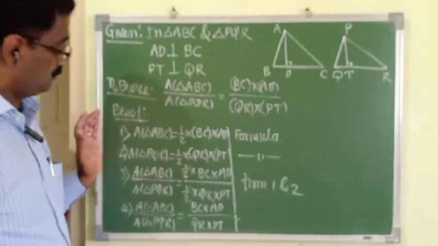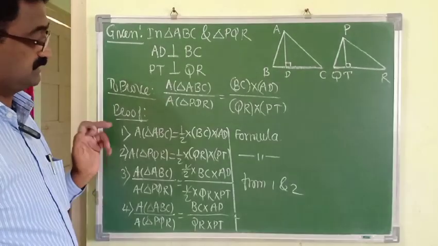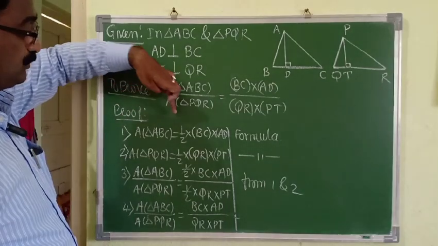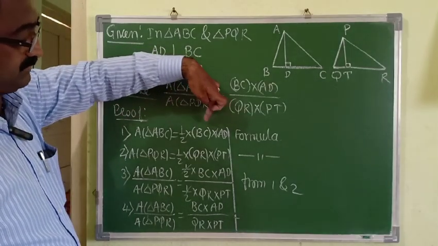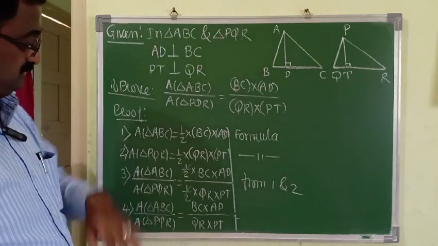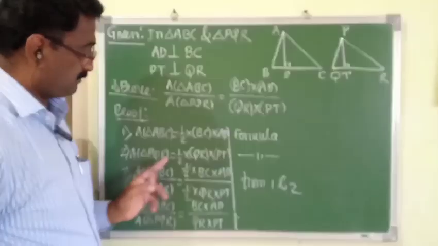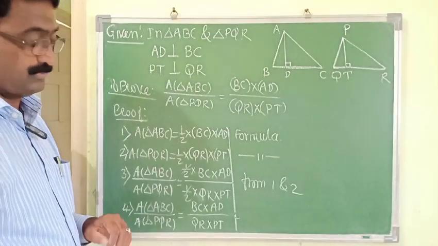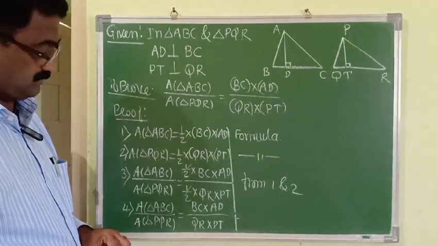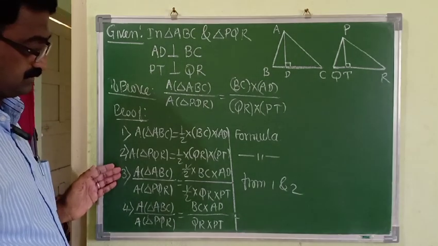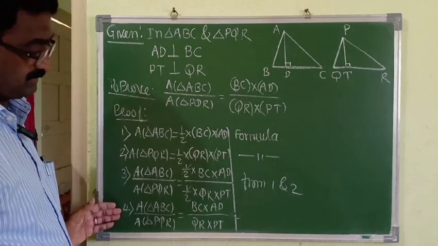Then proof, area of triangle ABC is equal to 1 upon 2 base into height, that means BC into AD formula. Similarly, area of triangle PQR is equal to 1 upon 2 QR into PT. So then taking the ratio, we get the required result.